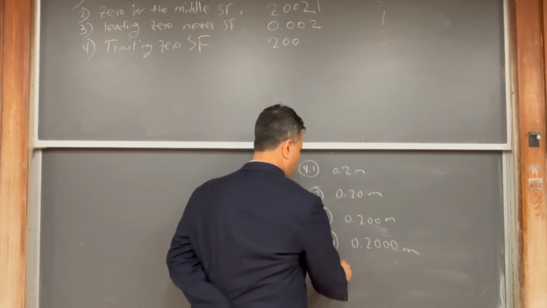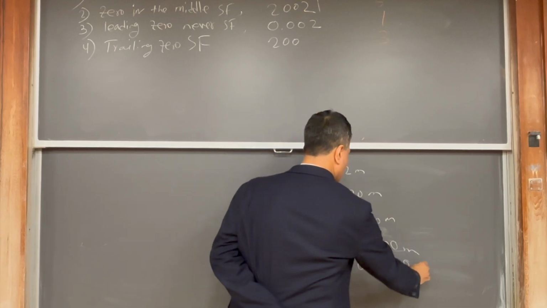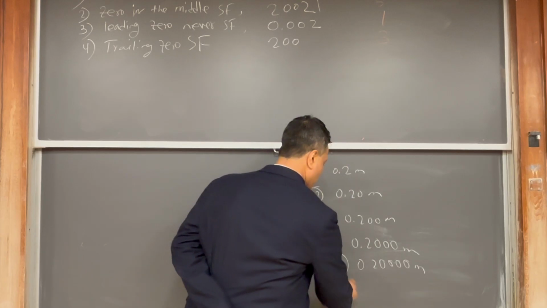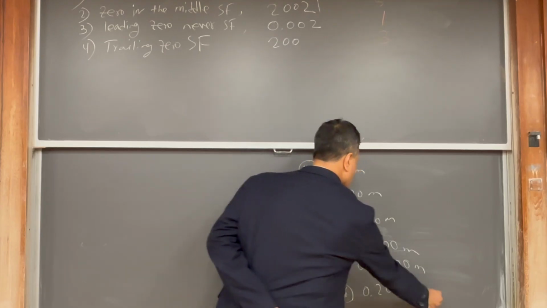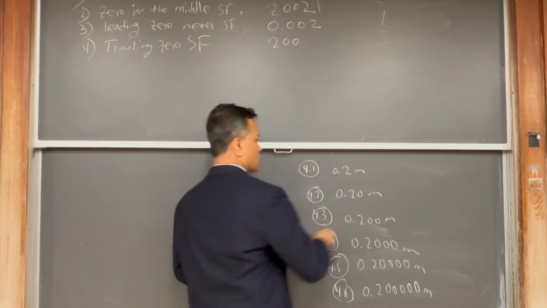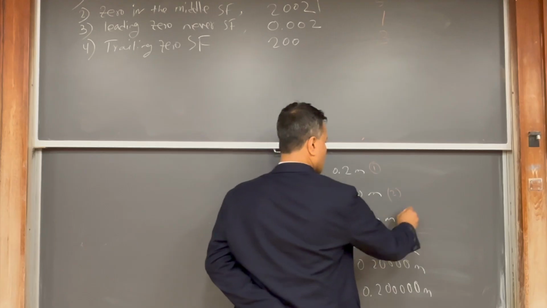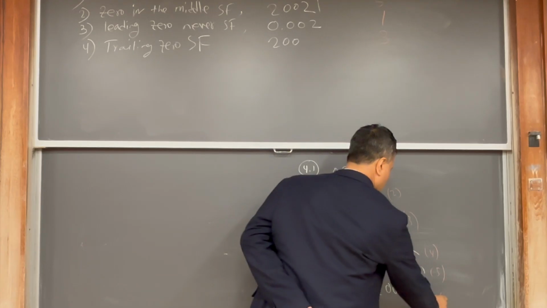And then 4.5, I'm going to make 0.20000 meter. And the last one, 4.6, I'm going to make 0.200000 meter. Now, here you have 1 sig fig, 2 sig fig, 3 sig fig, 4 sig fig, 5 sig fig, and 6 sig fig.